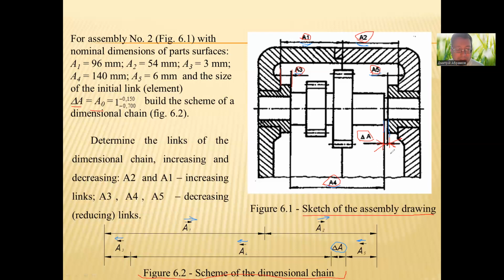So A3 is a decreasing link. A1 and A2 are increasing links. A3, A4, A5 are decreasing links. The arrow to the left is a decreasing link. For increasing links, the arrow is to the right.